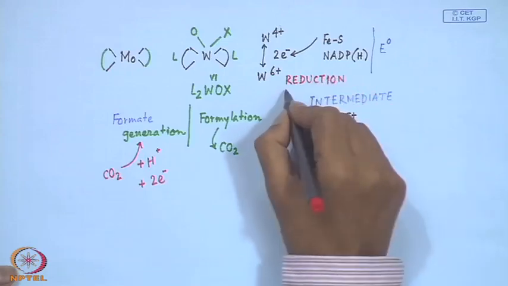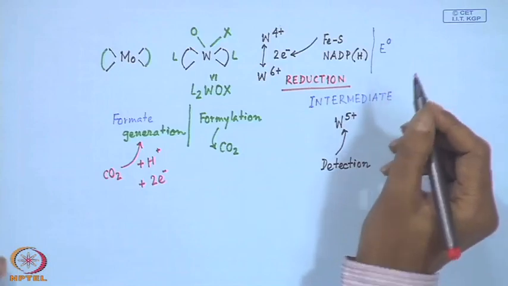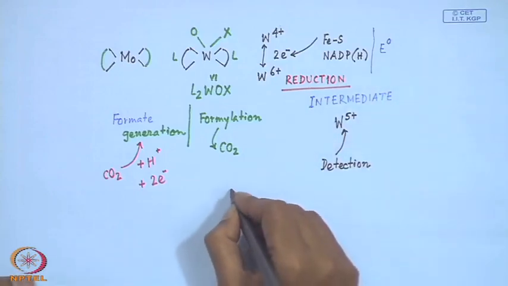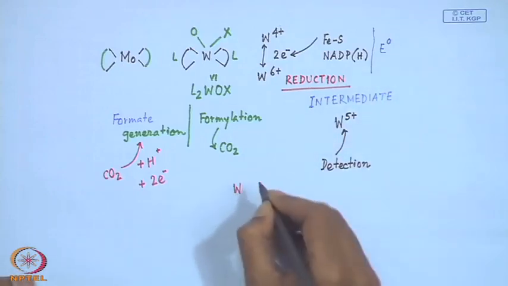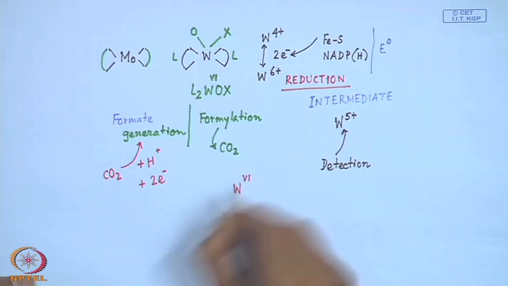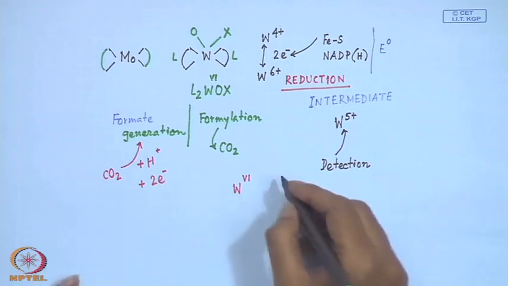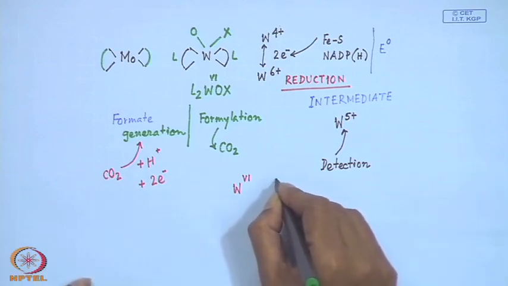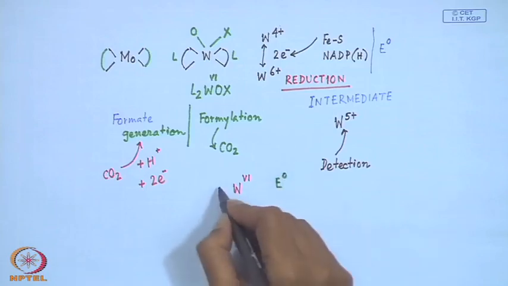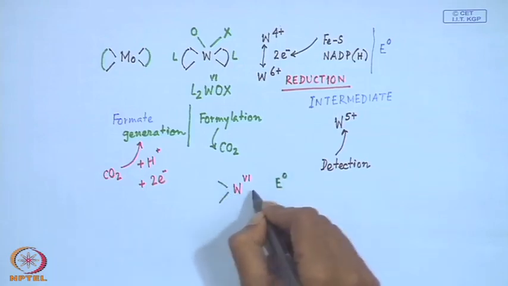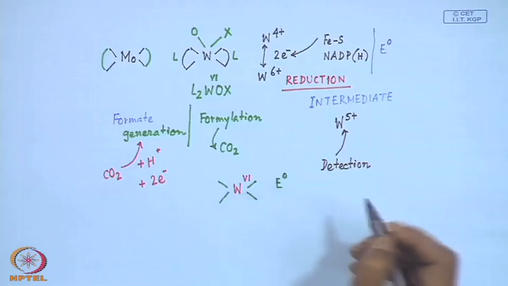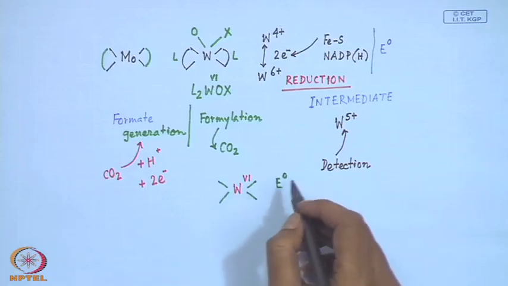and what we see is that if we have a large number of these tungsten molecules in the hexavalent state, all these molecules cannot have the same E0 value. So, that is why the primary ligand donor atoms are important.